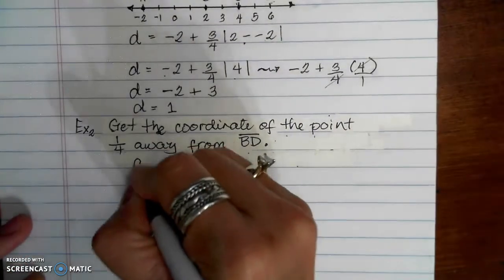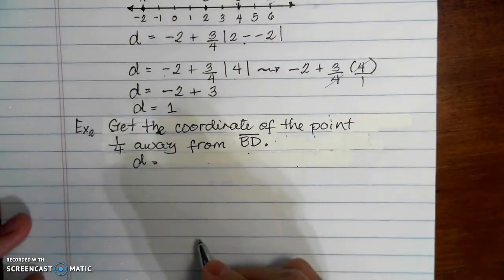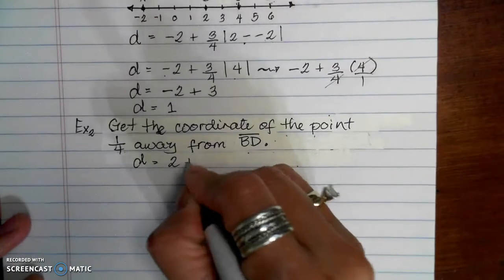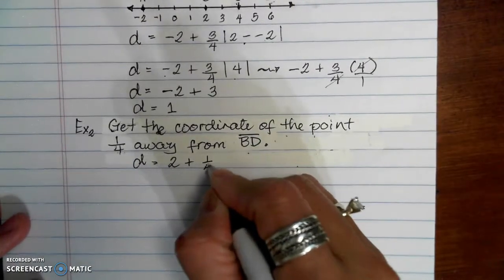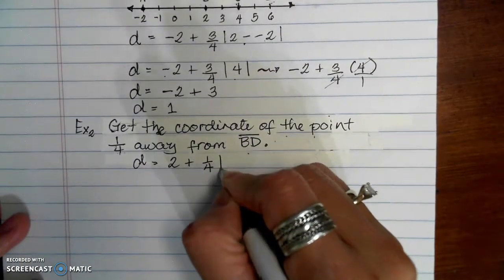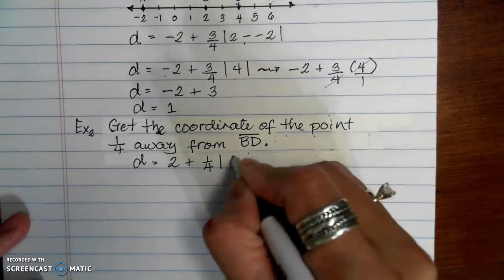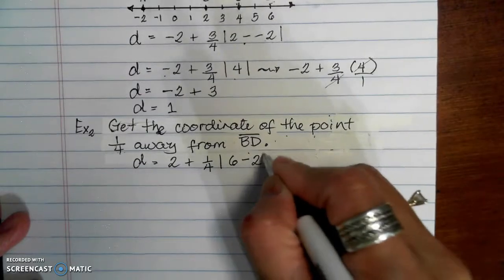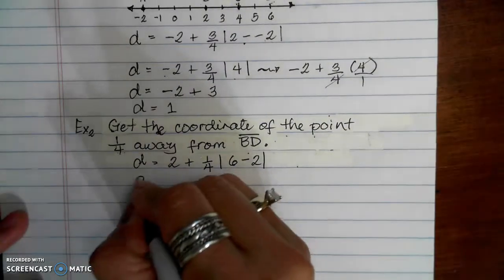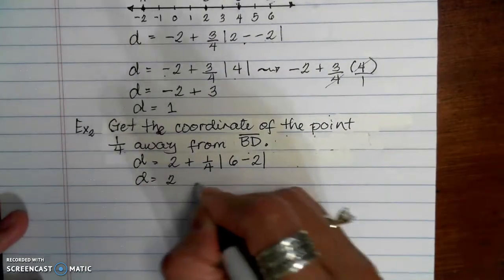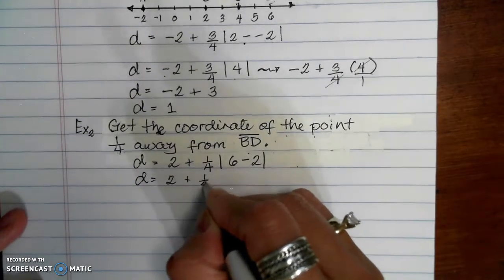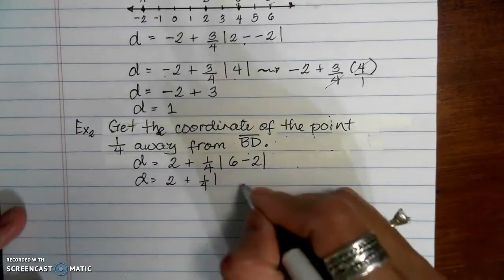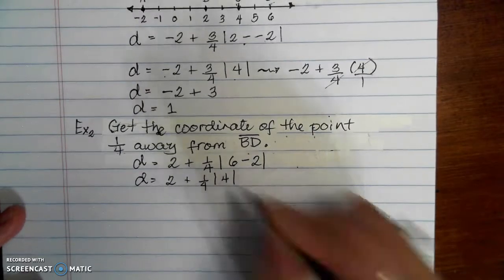Our distance equals the beginning point of 2 plus the fractional distance of the endpoint minus the beginning point. Distance is equal to the beginning point plus 1/4 of 6 minus 2, which is 4.